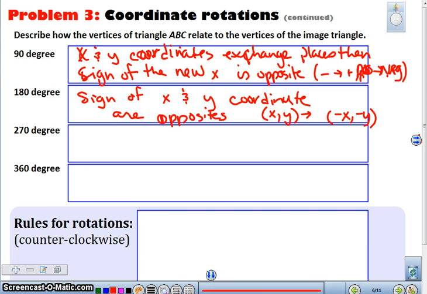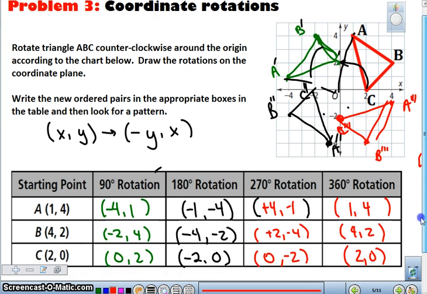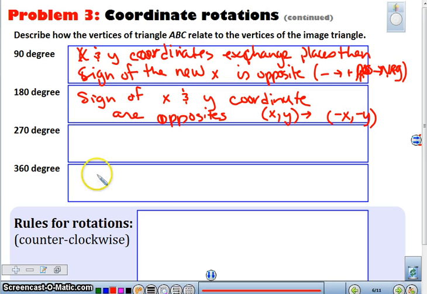What happened in 270? So I want you to look at both 270 and the 360. Now 360, that's wonderful. It stays exactly the same. What's happening with our 270? Again, the positions switch. And what do we notice about the second one this time? Again, the x and y coordinates exchange places, just like in our first one.